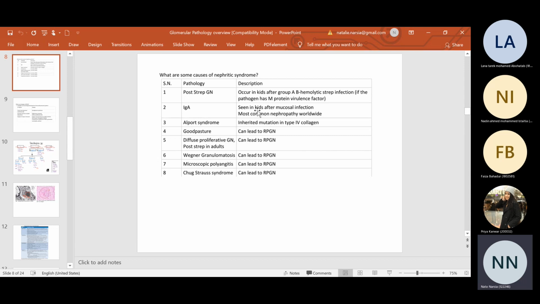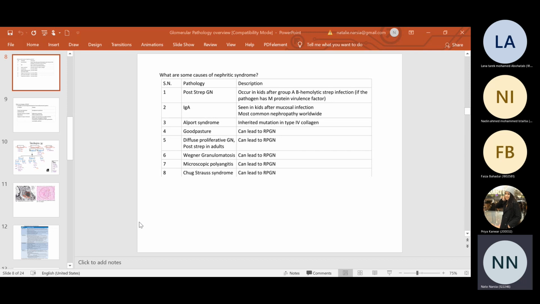Usually a kid eats some burger or something, okay, so infection, stomach ache the child had, and after some time they have this immunoglobulin A nephropathy, okay. Most common nephropathy worldwide. And it is not a severe condition, by the way, okay.